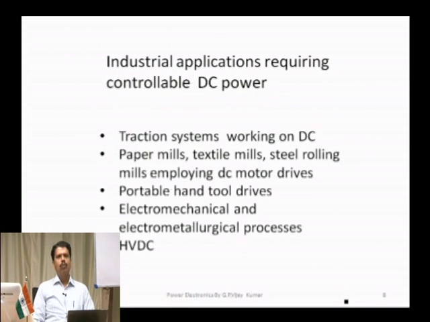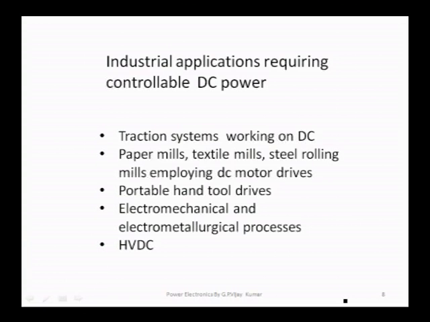So, I already told you why we are going for phase controlled rectifiers. In industry applications requiring controllable DC power, we invariably use phase controlled rectifiers, because we want the output DC power to be controlled, it cannot be constant. One of the important applications is traction systems working on DC, where you need to control the speed of the motors.